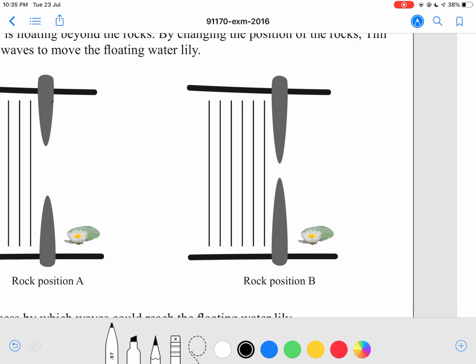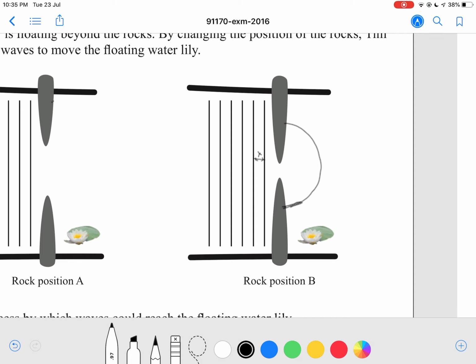Alright, so drawing your position B, that's going to be the maximum diffraction, okay? So it's going to be shown as perfect semicircles. So the waves are going to look something like this. Forgive my drawing, it's pretty hard to draw on the iPad. So it's going to look something like this, and then the wavelength is going to remain constant, okay? So wavelength lambda is going to remain constant.